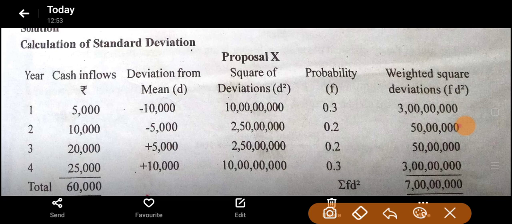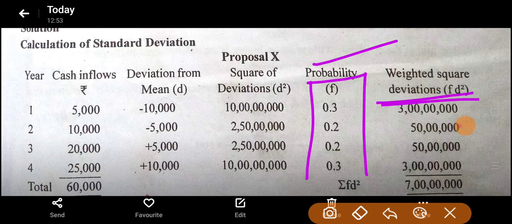So we want to rewrite it with this column, the probability column. Then the next stage is weighted square deviation, that is FD square. For calculating the weighted square deviation, we multiply 10 crore with 0.3.